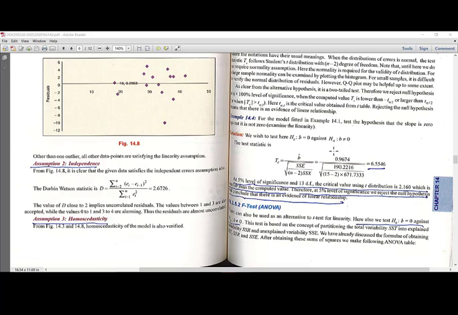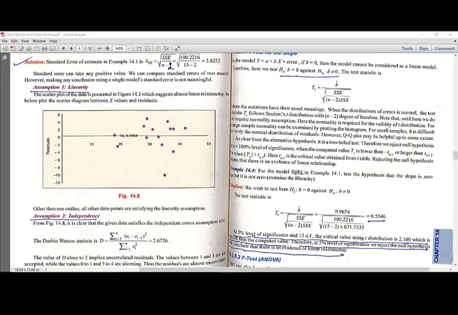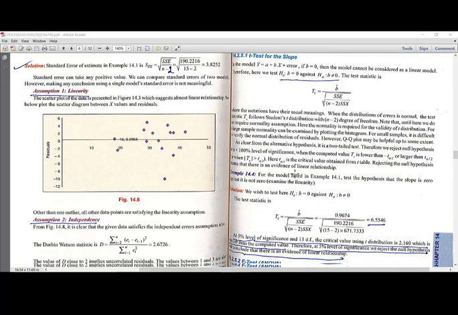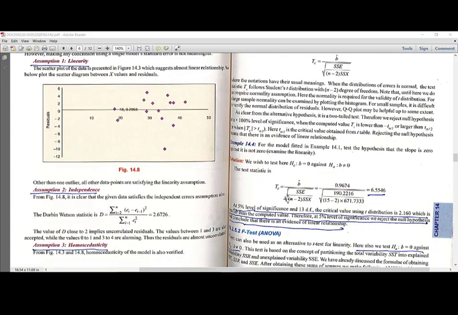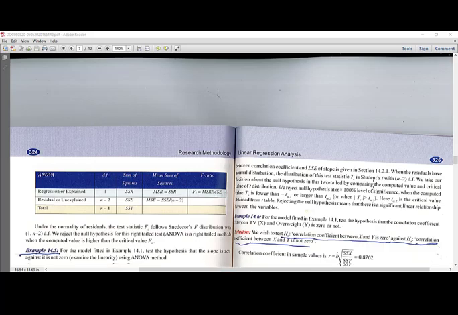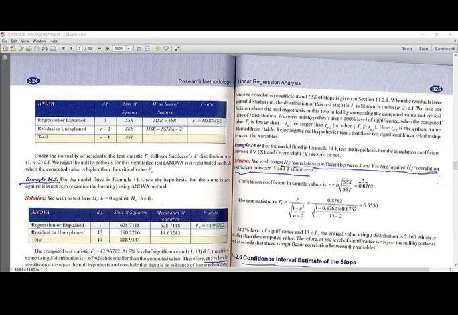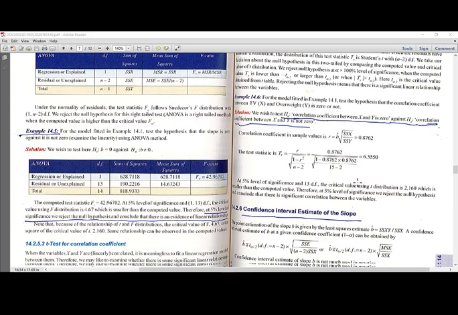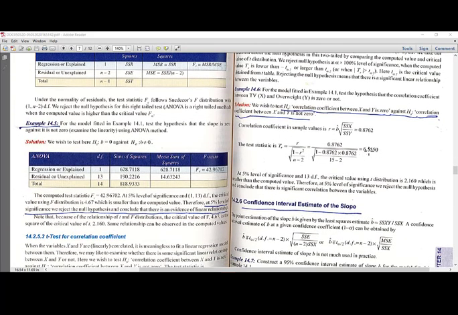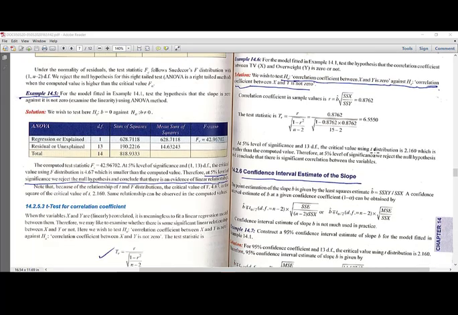And this is coming to our t-test for the slope. For the t-test for the slope, the test statistic value is 6.5546. And this value, 6.5550, is the test statistic for the correlation coefficient.